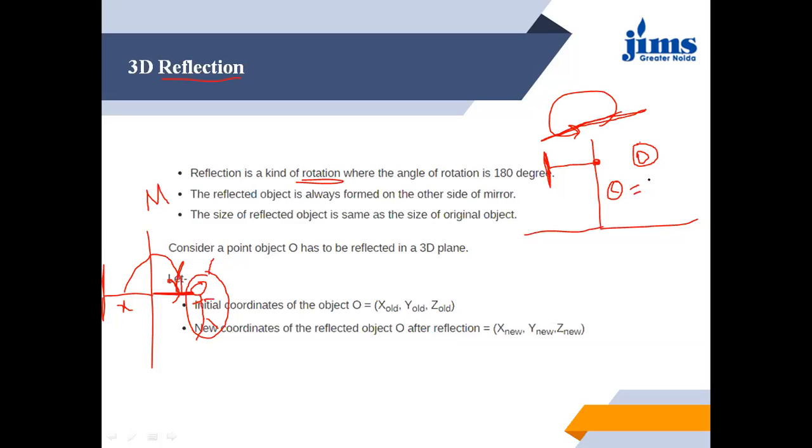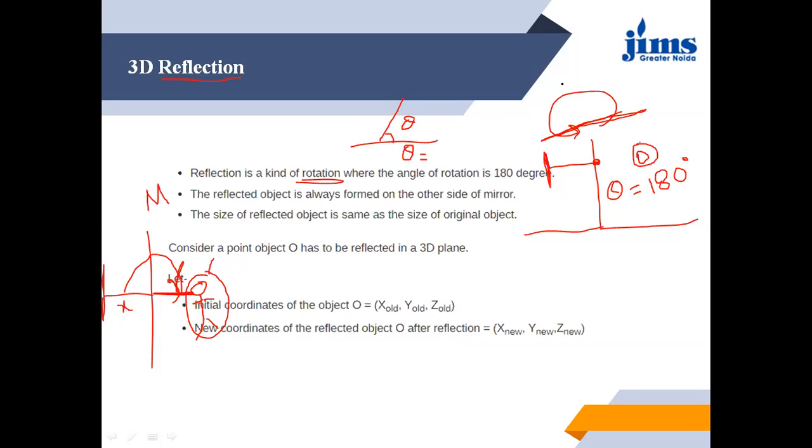So this is not a different transformation. This is a special case of rotation. In rotation, we have to use an angle. The value of the angle can be anything, but in this case, the value of theta, the angle of rotation, is 180 degrees.